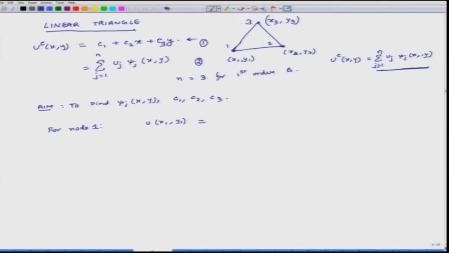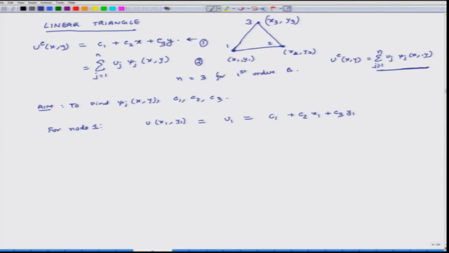So, the value of u at node 1 will be u1. If I use equation 1, then the value of u at node 1 is C1 plus C2 x1 plus C3 y1.